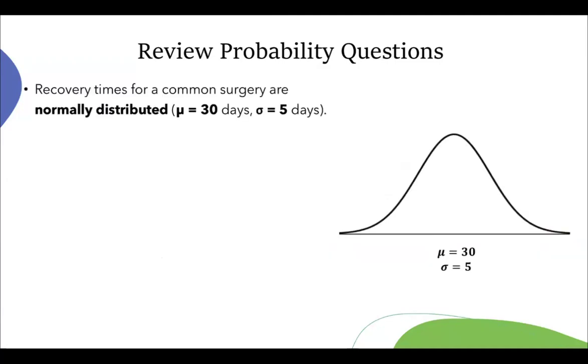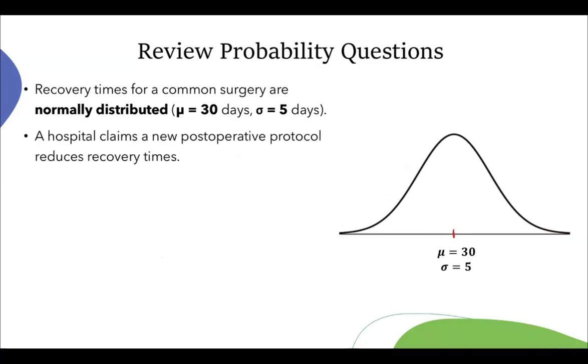Let's take a look at another question involving probability. Recovery times for a common surgery are normally distributed with a mean of 30 days and a standard deviation of 5 days. So here's our normal distribution with the center at mu equal 30. A hospital claims a new post-operative protocol reduces recovery times.